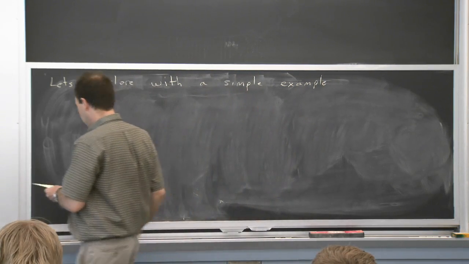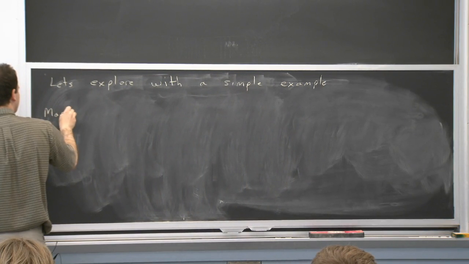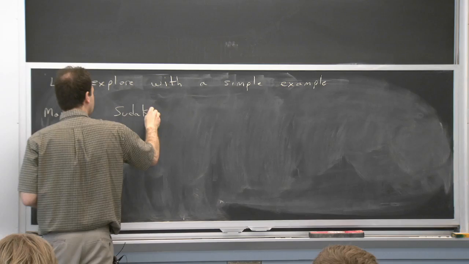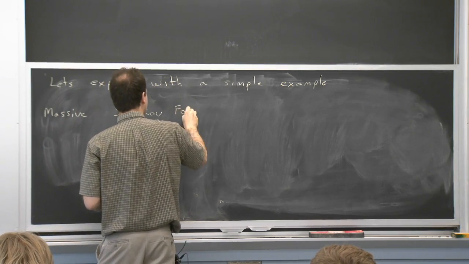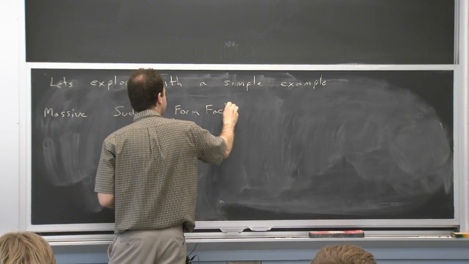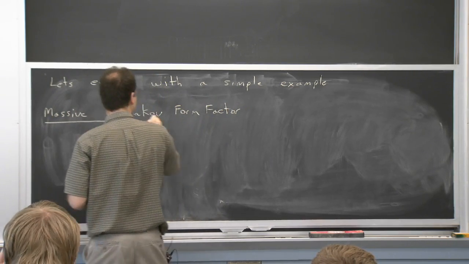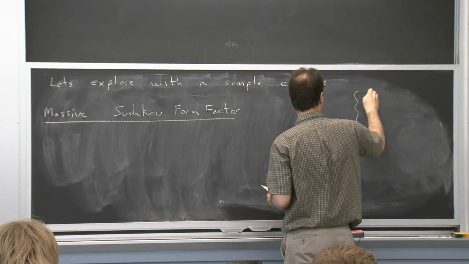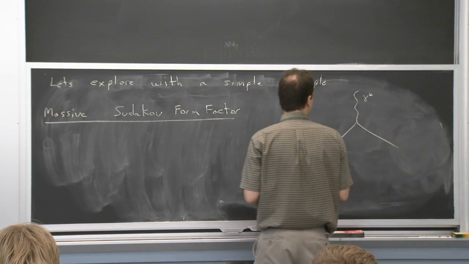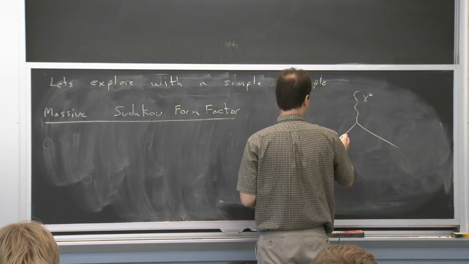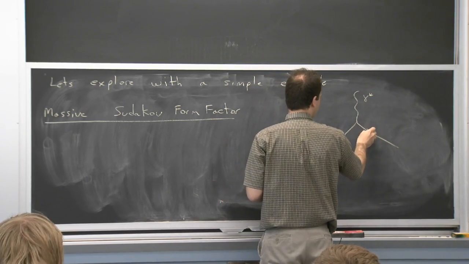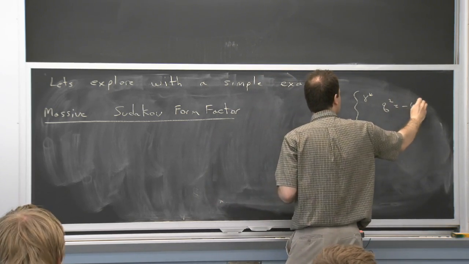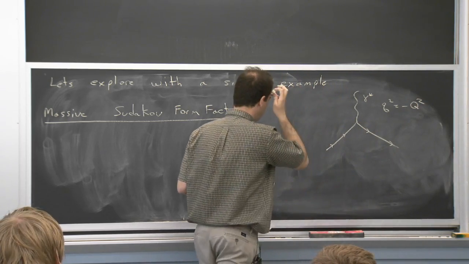So what I'll talk about is something called the massive Sudakov form factor. You should think of the setup as follows. We're going to consider a form factor, and it's going to be a space-like quark-quark form factor.